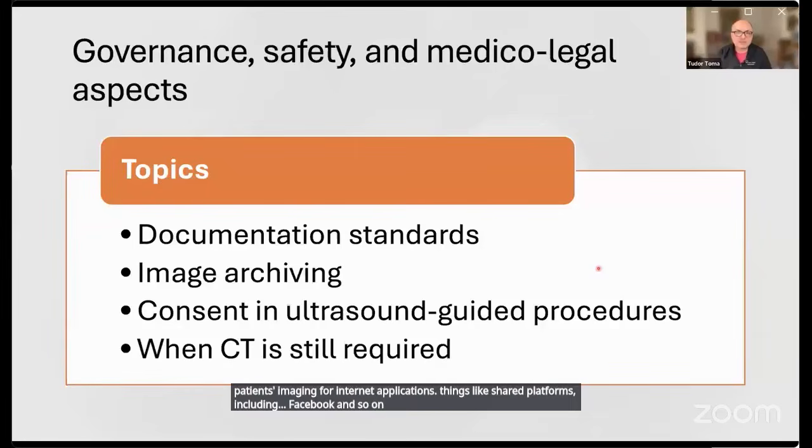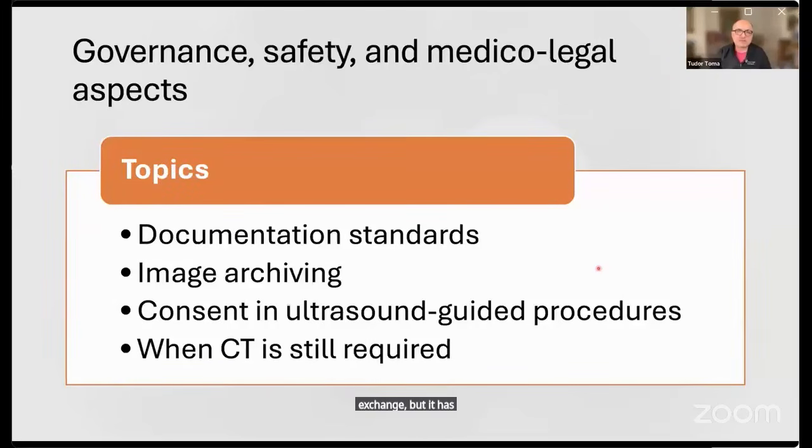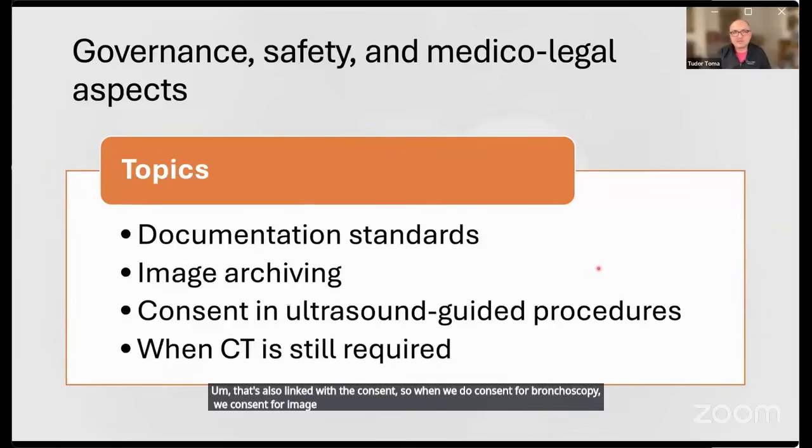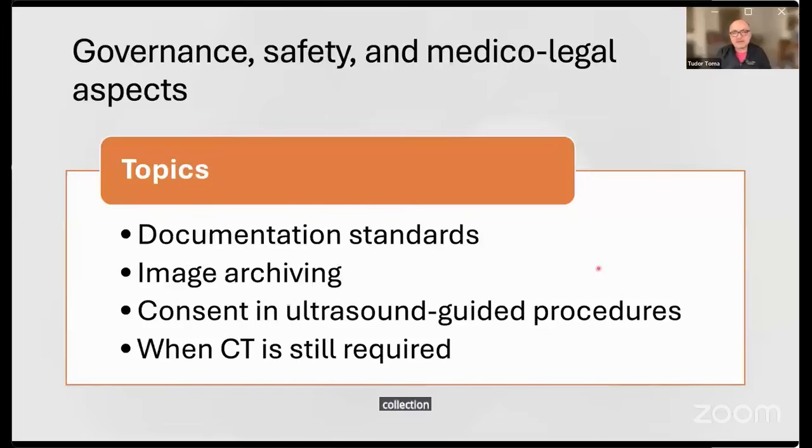I think in a way it's unfortunate, because it does really help exchange, but it has its risks as well, and therefore we have a strict protocol for image archiving. That's also linked with the consent. So when we do consent for bronchoscopy, we consent for image archiving, image collection.